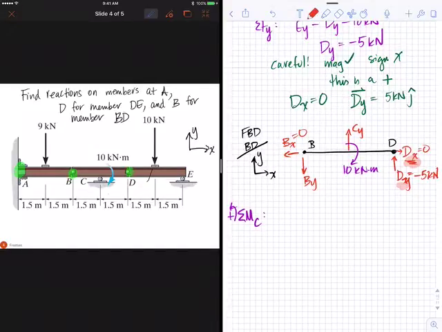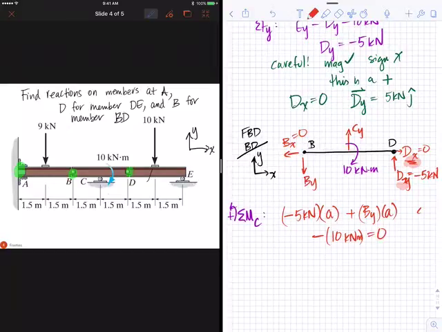Okay, so that's going to be a positive moment, minus 5 kilonewtons times the moment arm A, plus By times its moment arm A, minus the 10 kilonewtons. Whoops, getting a bit messy here. Minus 10 kilonewton meters equals 0.